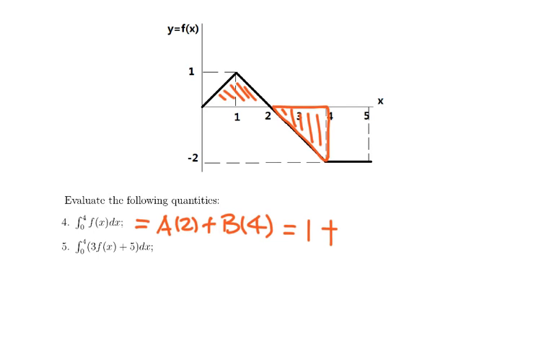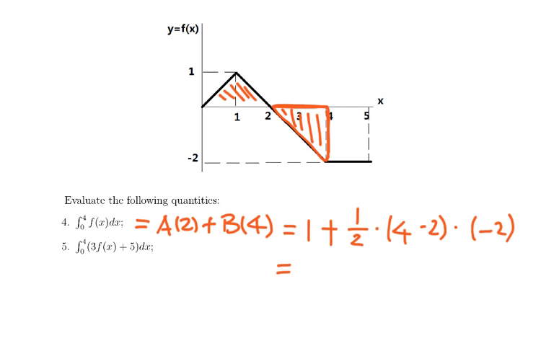So by using the formula for the triangle, we have 1/2 times the base, which is 4 minus 2, times the height. Remember here we have a negative height, which is -2.